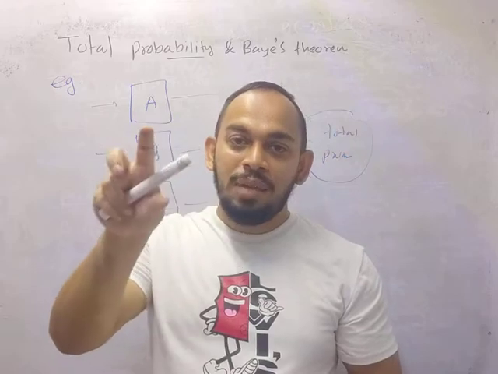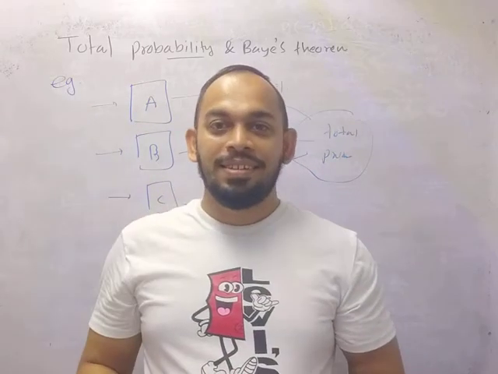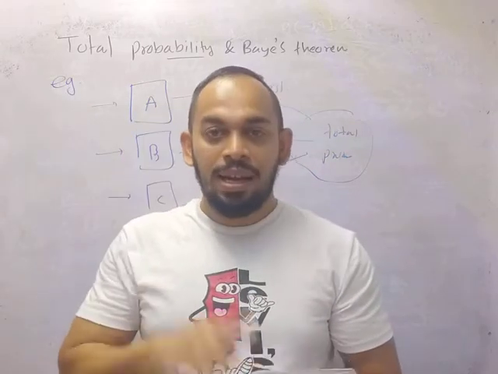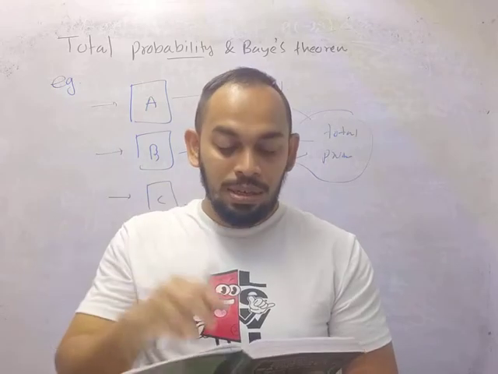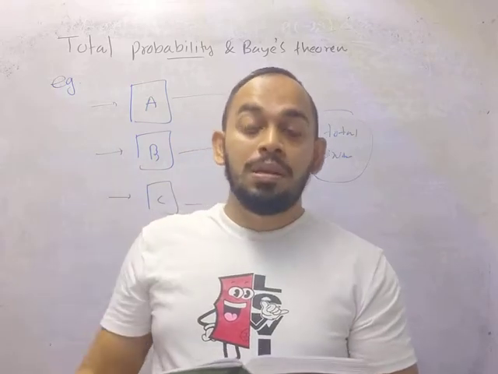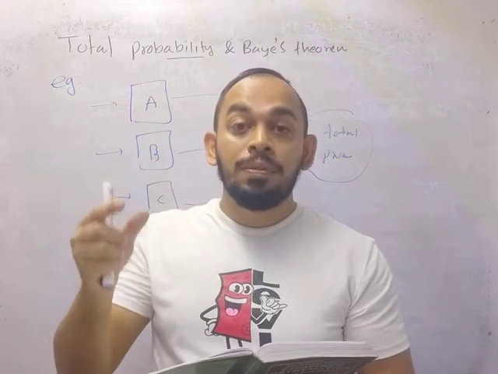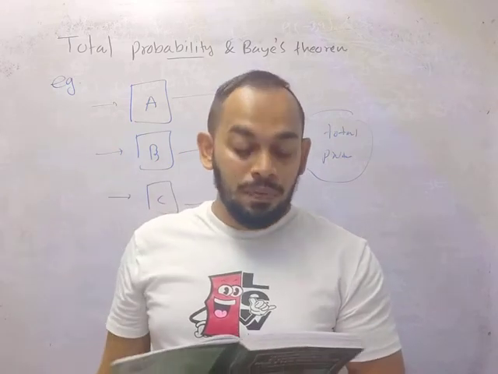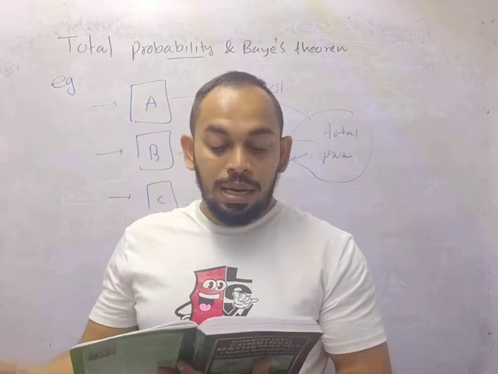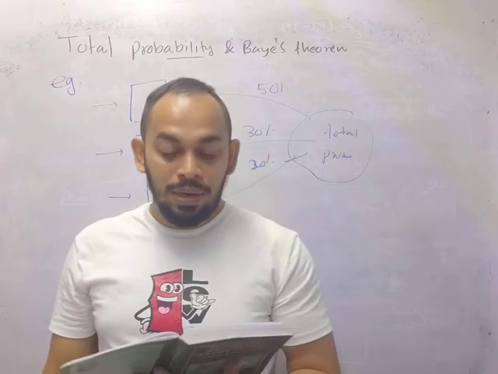So given A, from machine A, you can get 3% of defective items. Then machine B will have 4% of defective items and machine C will have 5% defective items.